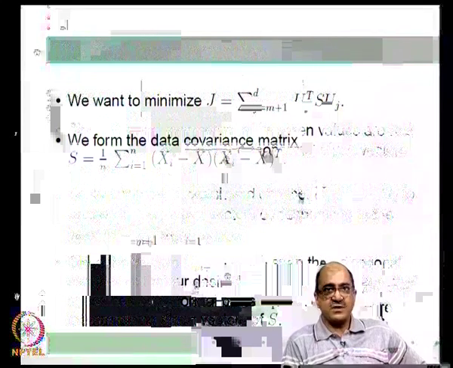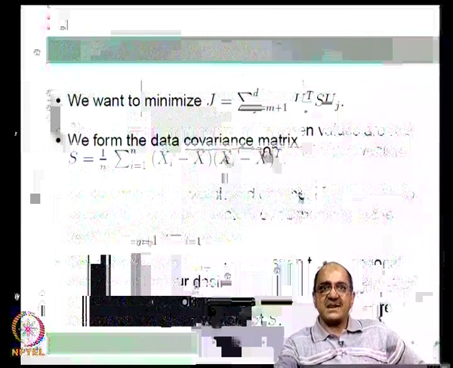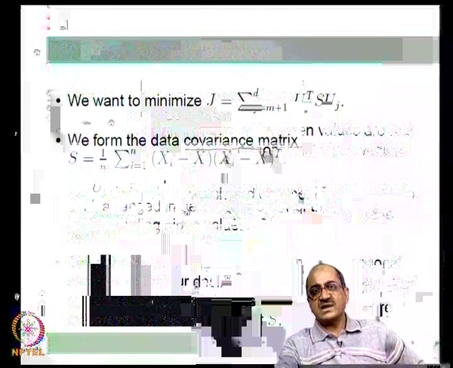Let us say u1 to ud is the orthogonal set of eigenvectors, because S is real symmetric. It will have a complete set of eigenvectors, meaning its eigenvectors span the space. Since its eigenvectors span the space, I can make them an orthogonal set, and then of course I can normalize them.